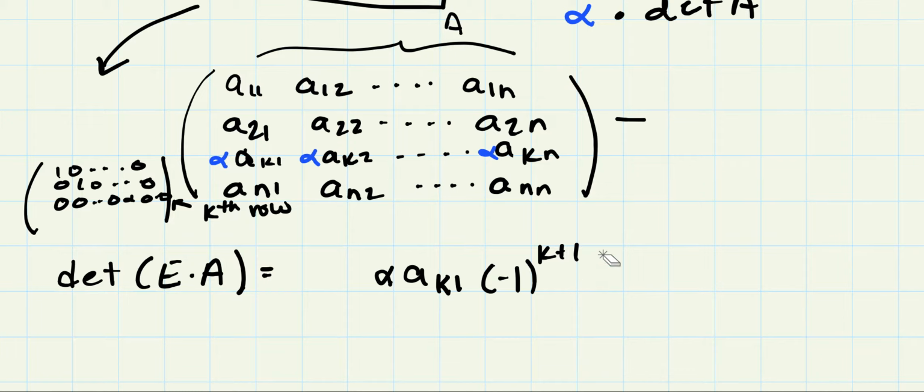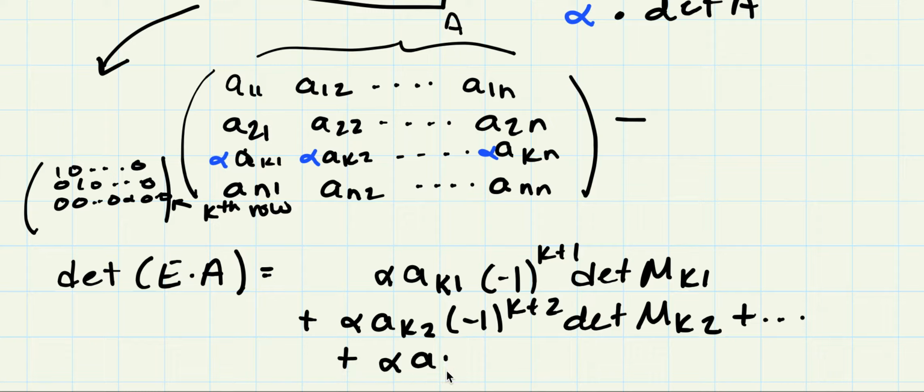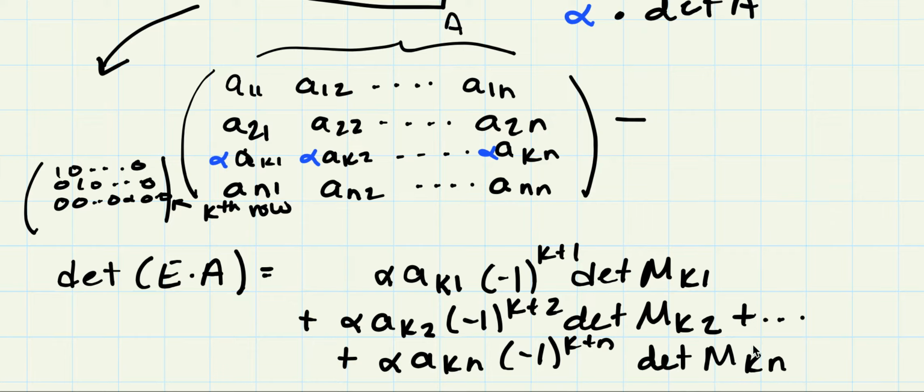We take the determinant of the minor matrix, MK1, plus, then we have alpha times AK2, -1 to the K plus 2, determinant of the minor matrix, MK2, and so on. You're just going along this row. So this goes all the way to alpha AKN, -1 to the K plus N, determinant of this minor matrix.